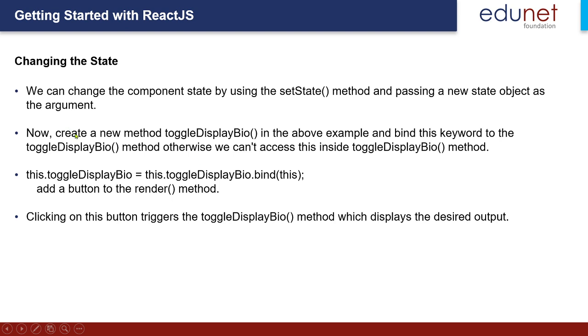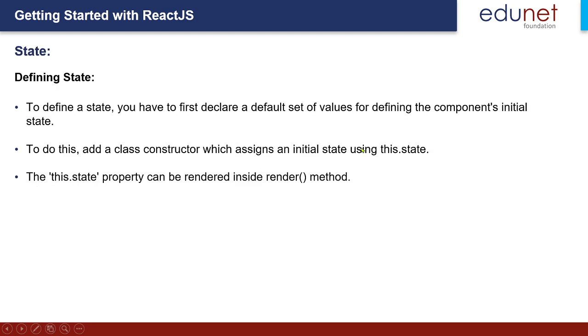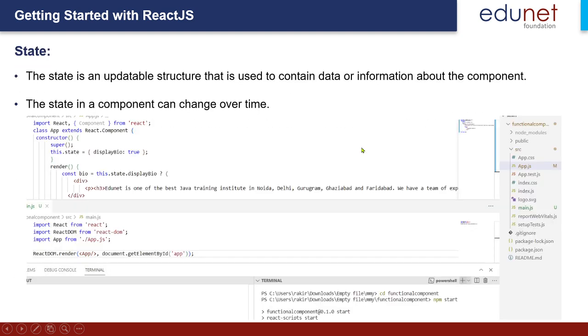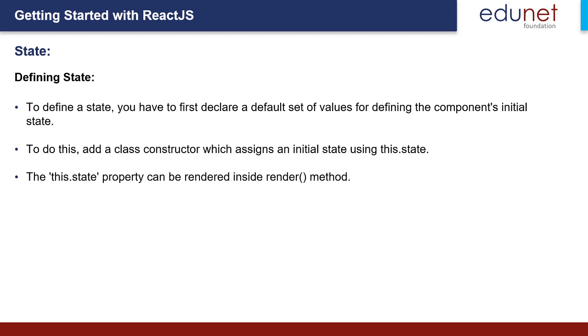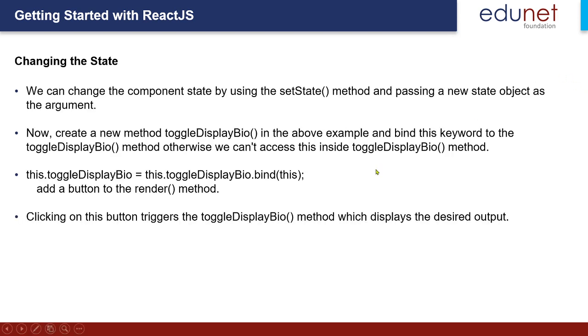Okay, and now create a new method called toggleDisplayBio, as in an example. And bind the this keyword to the toggleDisplayBio method. Otherwise we cannot access this toggleDisplayBio method.